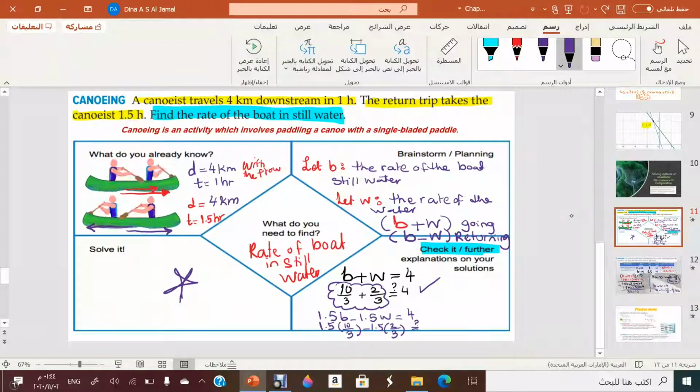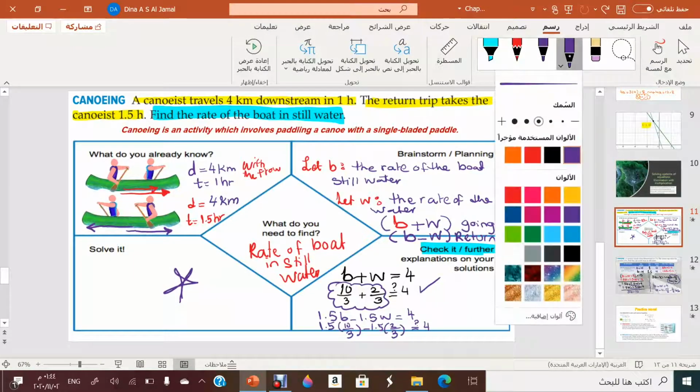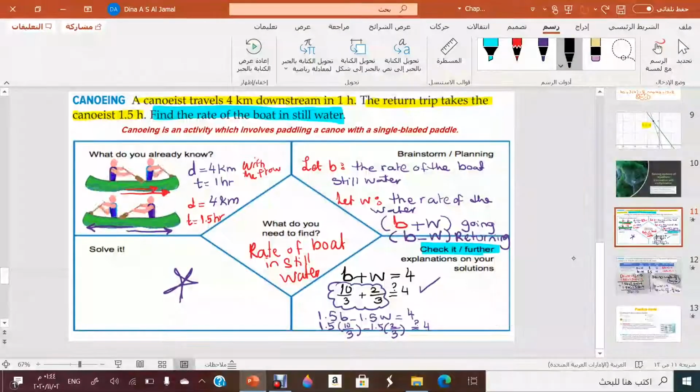Is it equal to 4? Substitute and check. You will find them equal. So whenever you have a system of equations, you cannot only check with one of them. You must check in both of the equations, and these values must satisfy both equations.